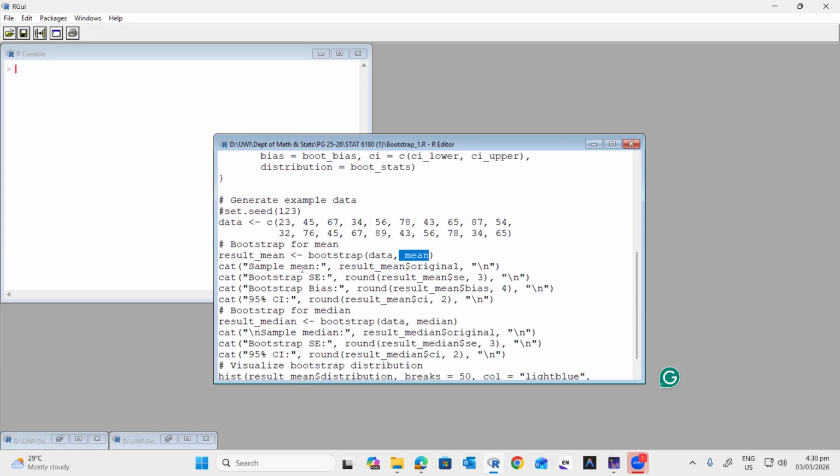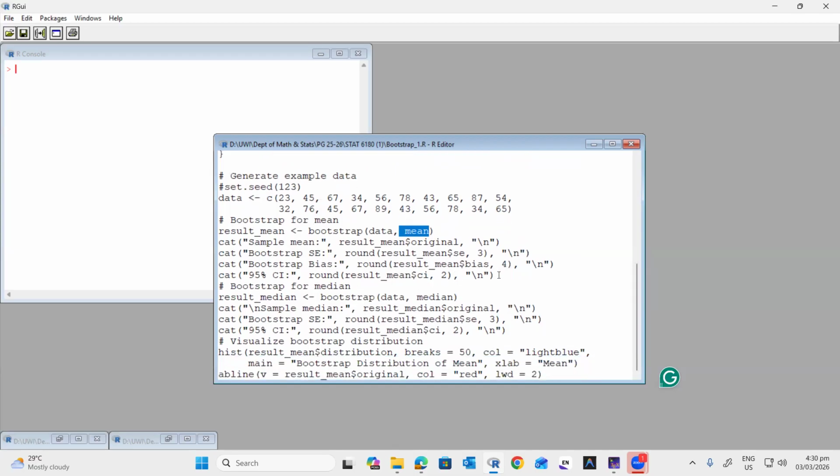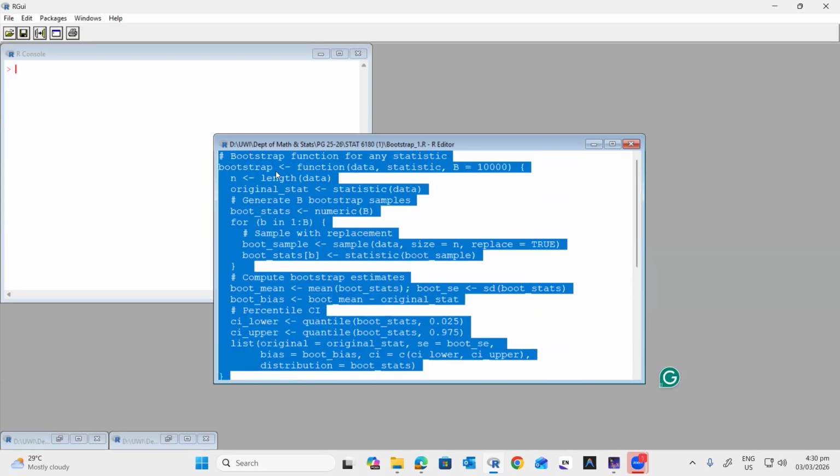After that, I'm going to call the sample mean, results mean dollar original. So I calculate the original mean here, then check the results mean standard error, the bias of my bootstrap, and the 95% confidence interval in result mean dollar CI.